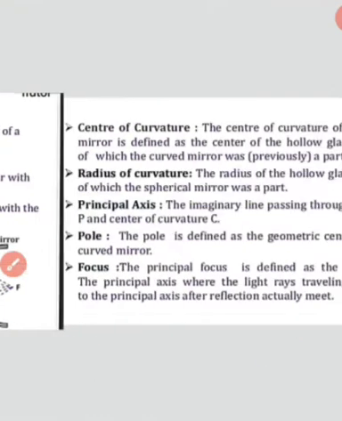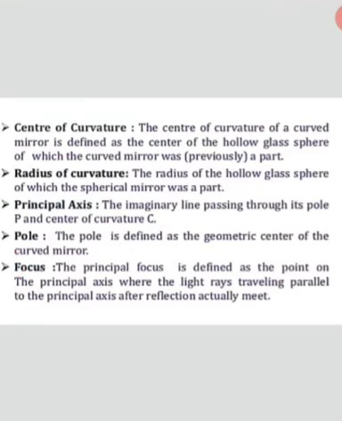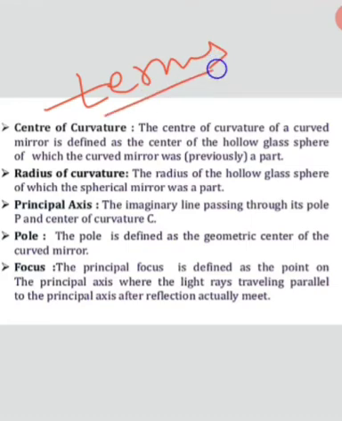Next, these are the various terms related to spherical mirrors. While studying convex and concave mirrors, we need to learn about these important terms. First is center of curvature, second is radius of curvature, third is principal axis, fourth is pole, and fifth and important one is focus.